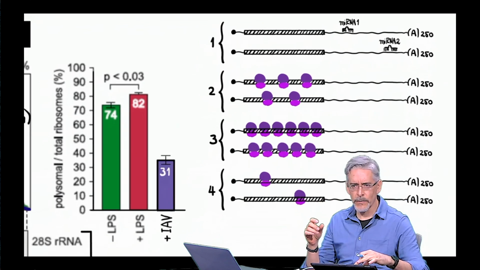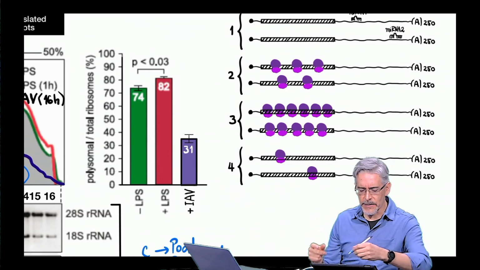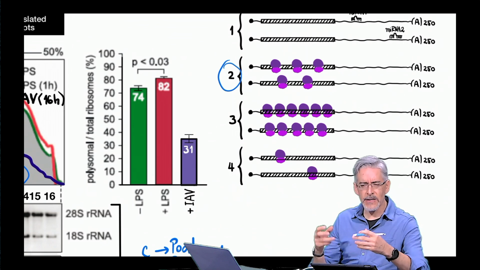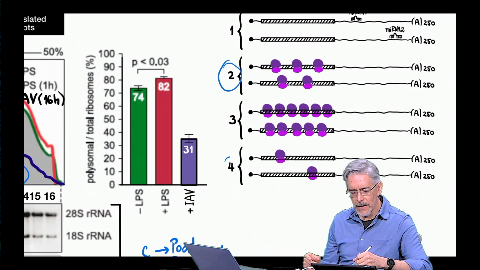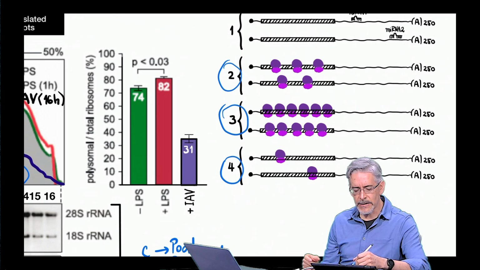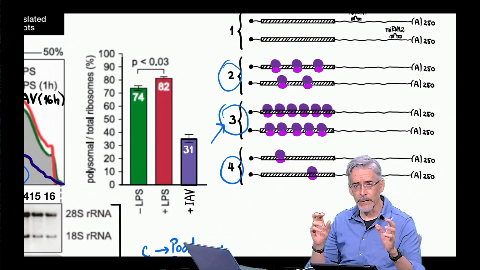Now, if we were to draw these messenger RNAs and represent them as being associated to ribosomes as shown here, this transcript will be one that is okay translated, this transcript is one that is very poorly translated, and this transcript, the one identified as 3, will represent a transcript that is really well translated.